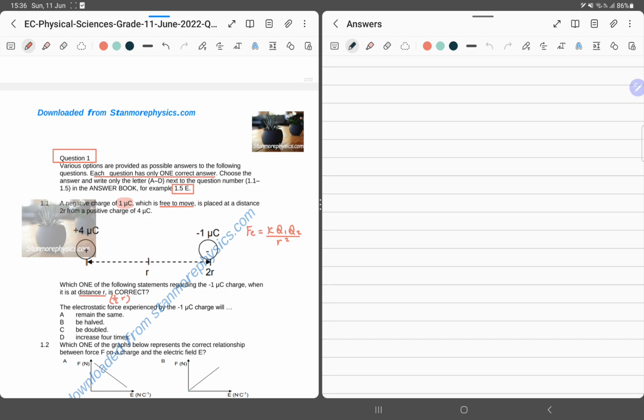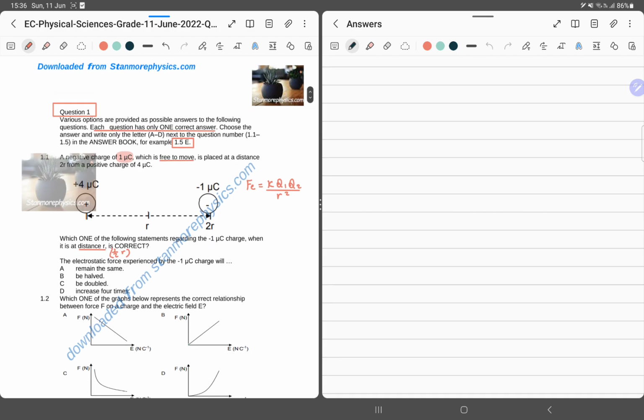Because to move from 2 to 1 is just halfway, is it not? Now, of importance is to use this equation. We know that the electrostatic force is effectively this situation right here, and it is defined by this expression. Not a problem. So what do we do here?